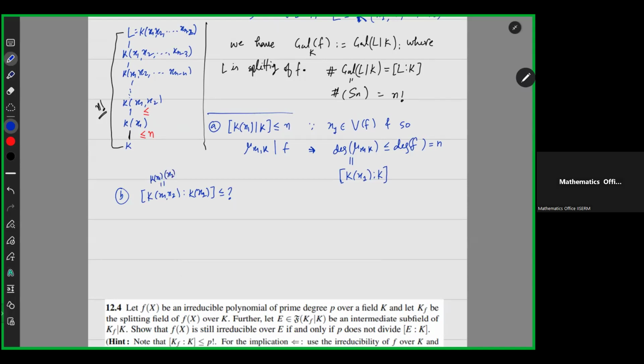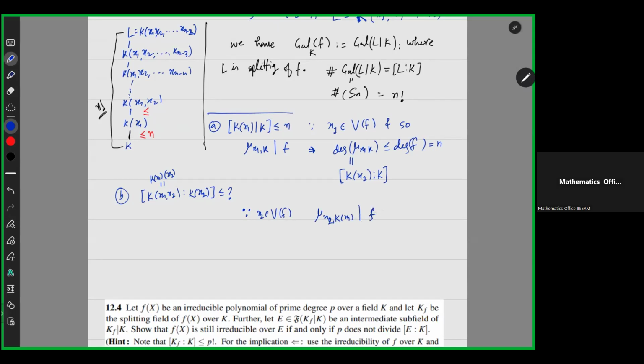So we'll see what the minimal polynomial for x2 is. Because x1 and x2 are both roots of F, and x2 belongs to VF, the minimal polynomial of x2 over K(x1), whatever it is, will divide F.